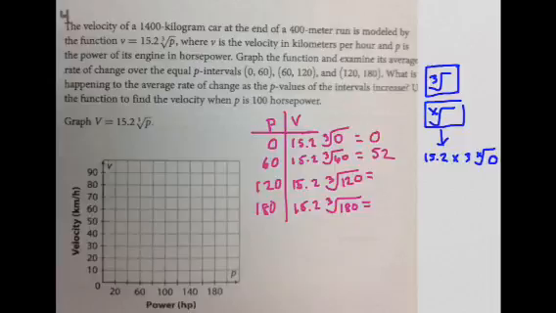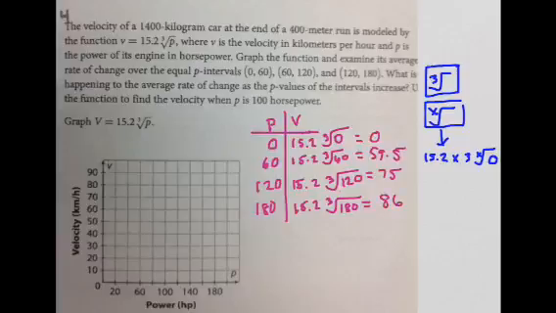I accidentally put in a 40 because this looks like 40 on the right side, but it's actually 60, so I went back and fixed it, and it should be 59.5. For 120, it should be 74.97, so 75. And for the last one, it'd be 85.8, so 86.